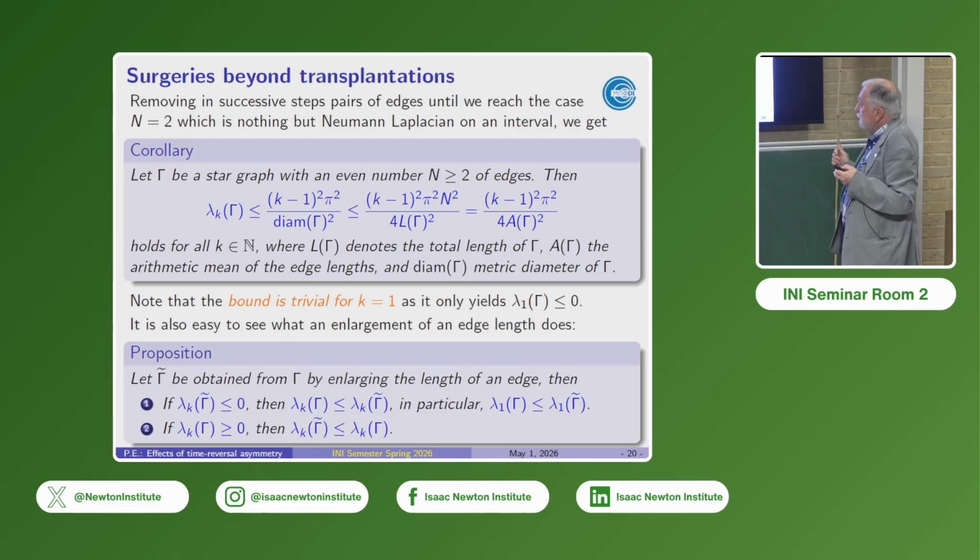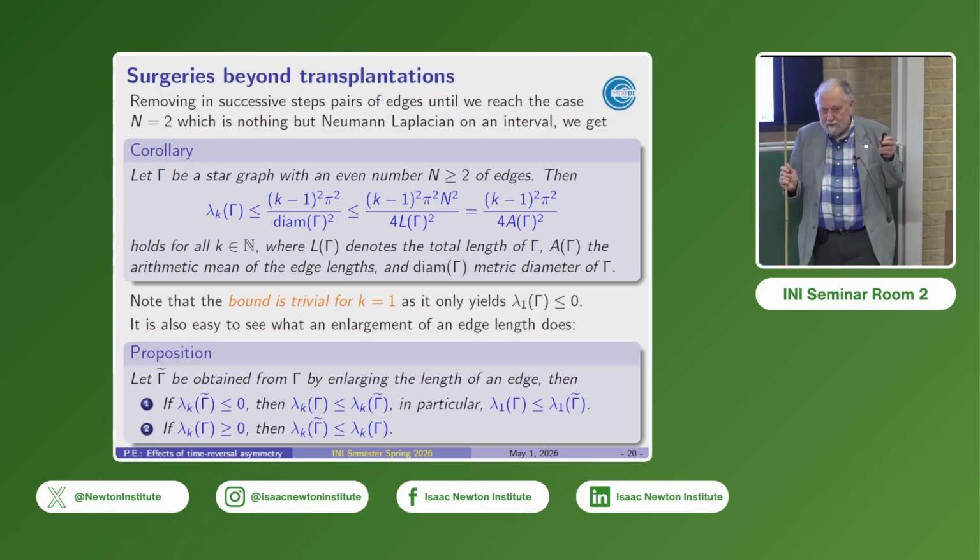Okay, so now, enlarging the edges, I get that as long as the k-th eigenvalue is negative, I have this inequality with the enlarged edges. In particular, for the ground state, I have this. And if the eigenvalue is non-negative, then I have this inequality for all k.